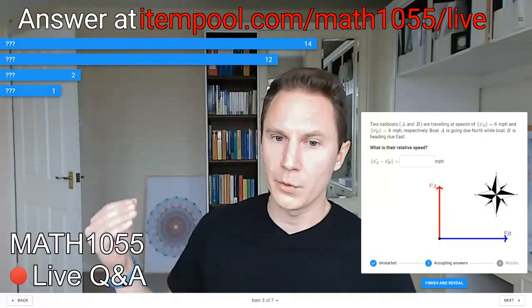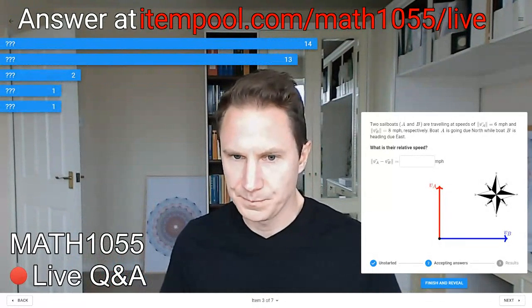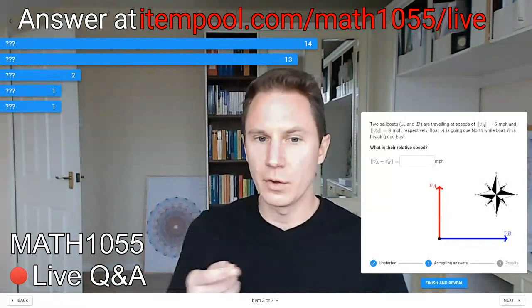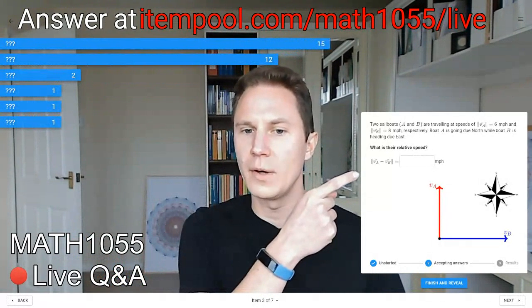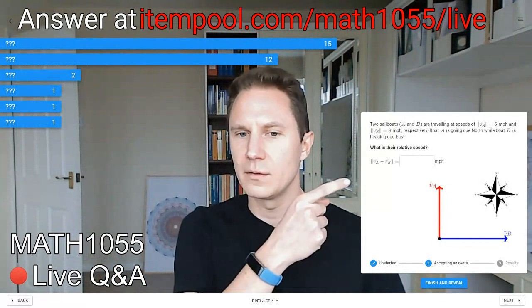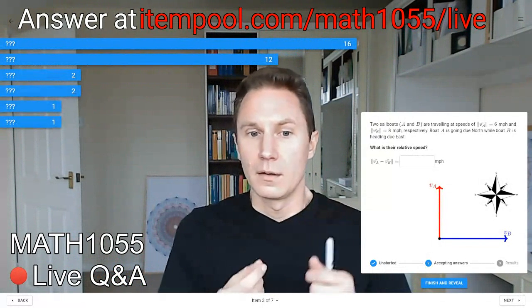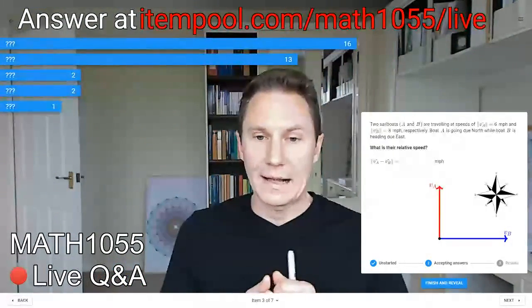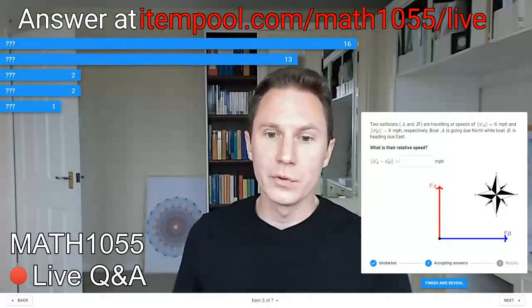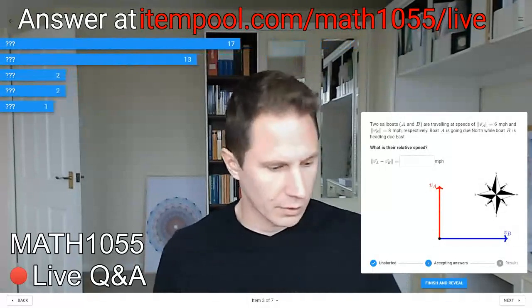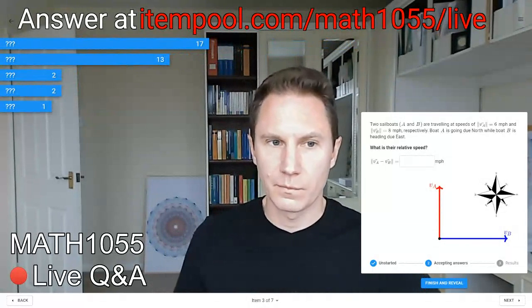If you were traveling on boat A, you would measure this speed for boat B. I have given you a strong hint: all you have to do is take the vectors VA and VB, calculate the difference, and compute the length of that difference.